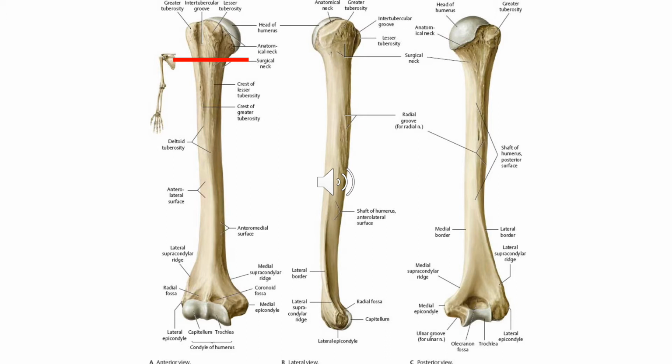The proximal part has three prominent features: the head of the humerus, greater tuberosity, and lesser tuberosity. Again, I repeat, the head of the humerus, greater tuberosity, and lesser tuberosity.